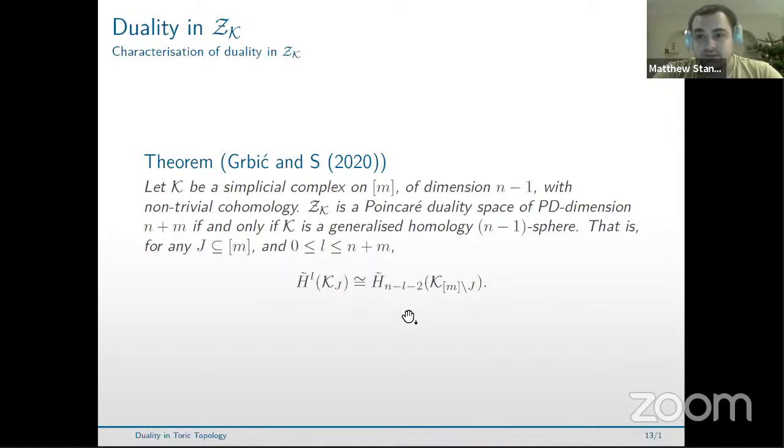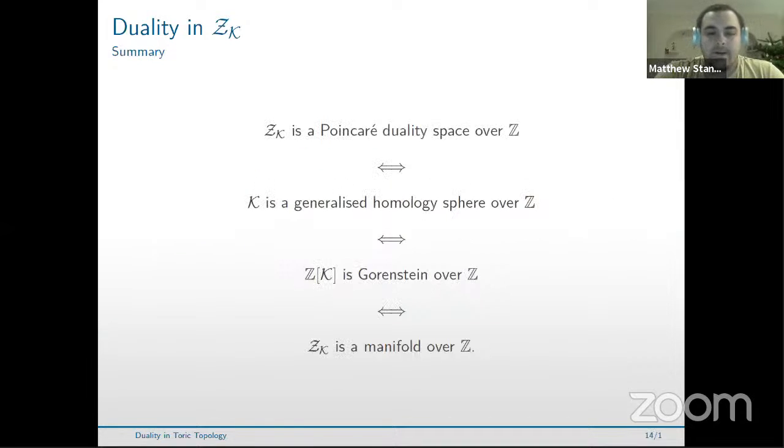This is a useful result, and it fits into the known results in the following way, and it highlights a certain interplay between different dualities in algebra, combinatorics, and topology. We have that the moment angle complex ZK is a Poincare duality space over the integers.